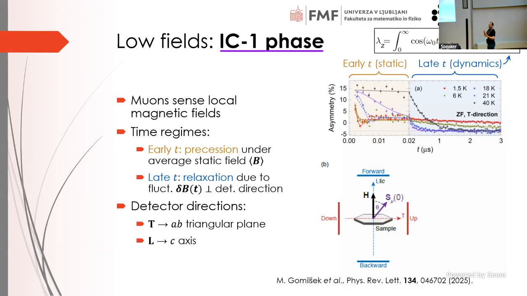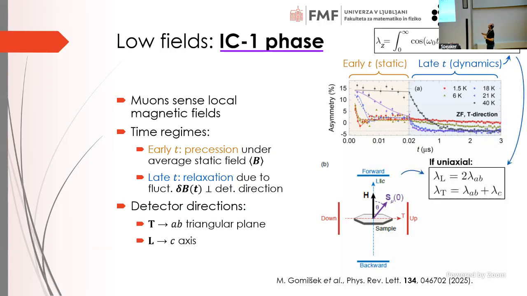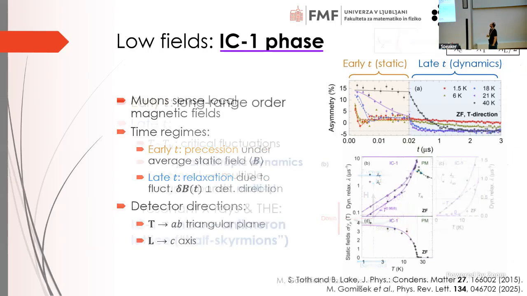You don't need to remember all of the details, but the upshot is, if the crystal is uniaxial like ours is, we expect basically isotropic fluctuations in plane. Then from two sets of measurements, so two detector combinations, you can extract separately the in-plane and the out-of-plane fluctuations. So you can see how much the fluctuating fields fluctuate in plane, what is the component there, and what is the component of the fluctuations out of plane.